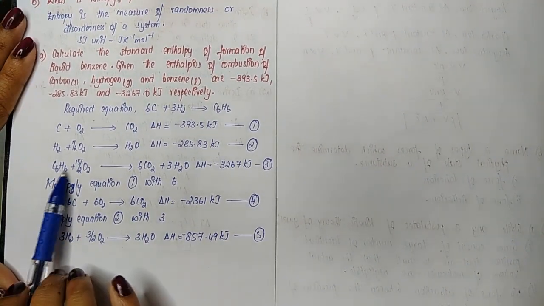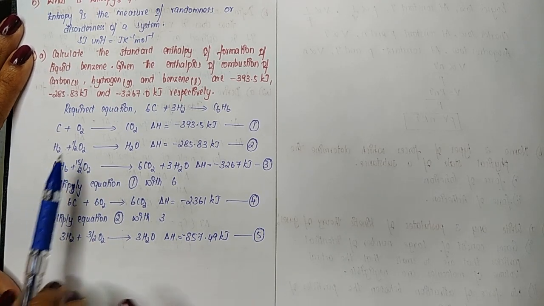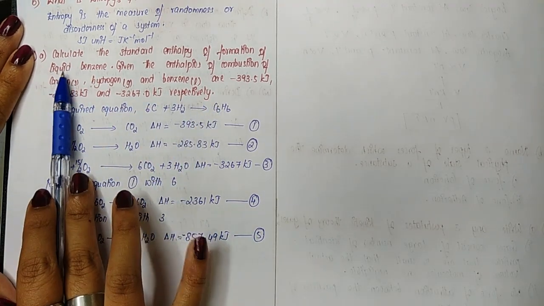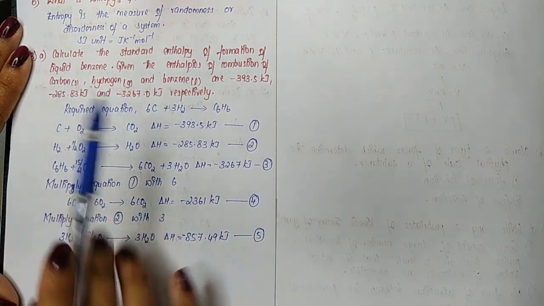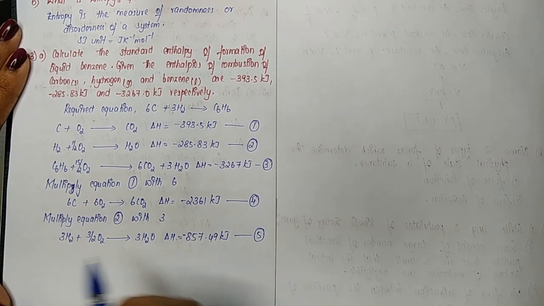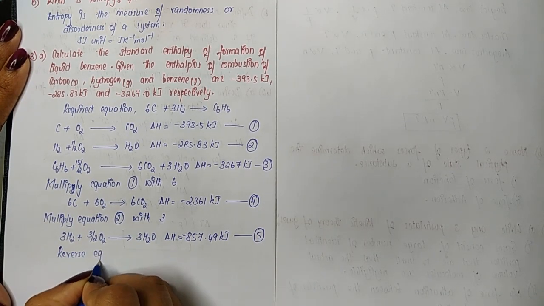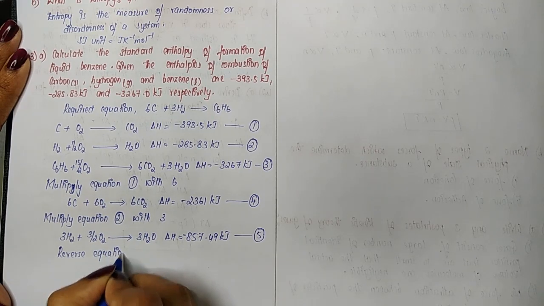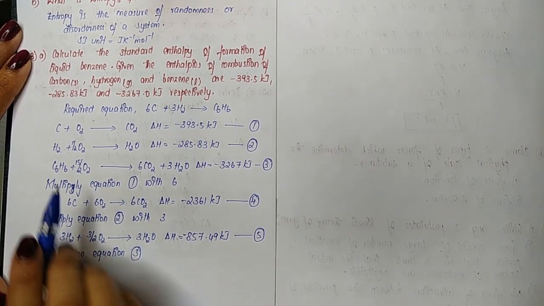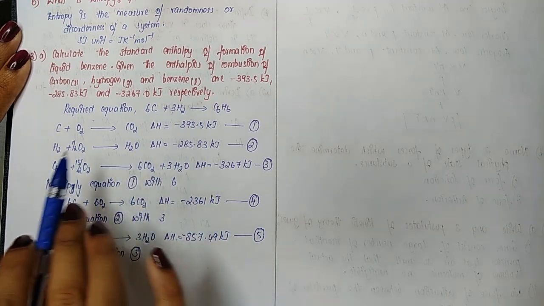Now the last equation here is talking about combustion of benzene, but we want this benzene to be on the right hand side because we're calculating for the formation of benzene. So what we do is we're just going to reverse equation number 3. When we reverse, whatever is on the reactant goes to the product, and whatever is on the product comes to the reactant.